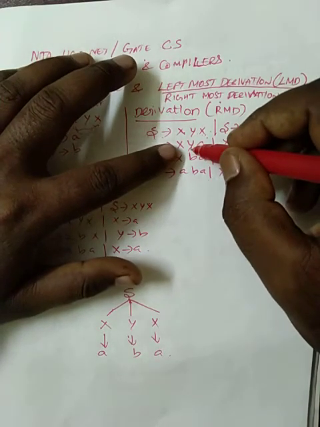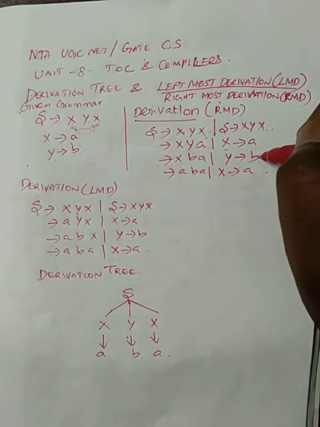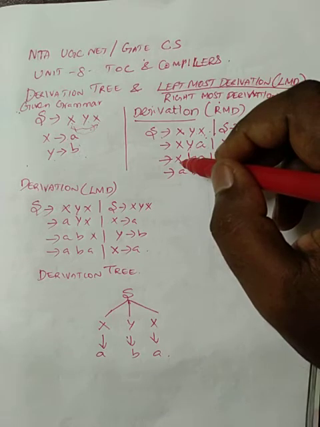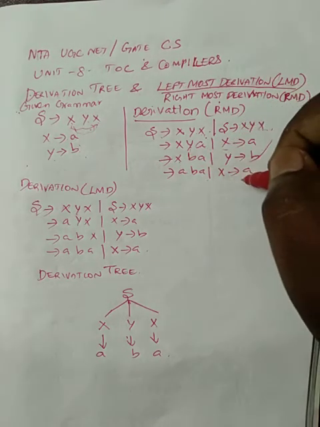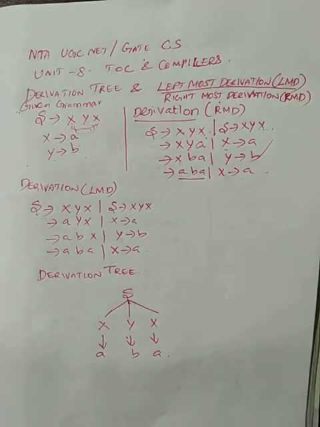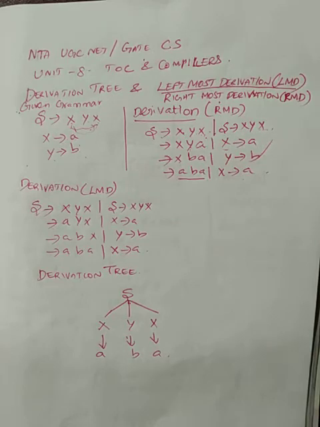For this capital Y, I replaced it with b with the help of this rule, and then finally for this X, I used X tends to a, so I got aba. Okay, so if you are doing like this, then it is called rightmost derivation.